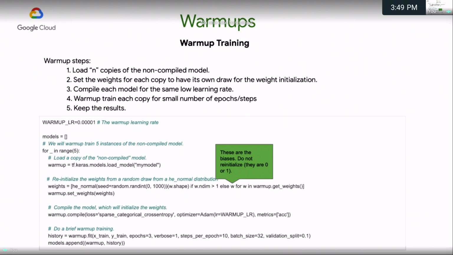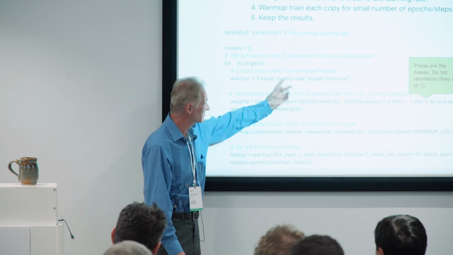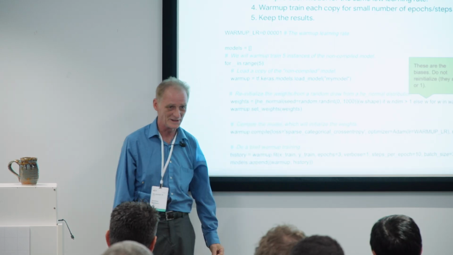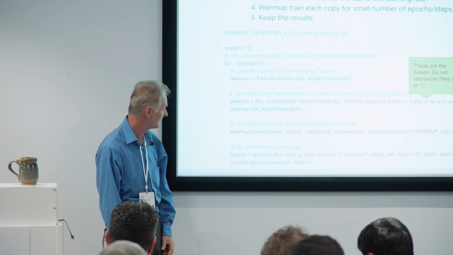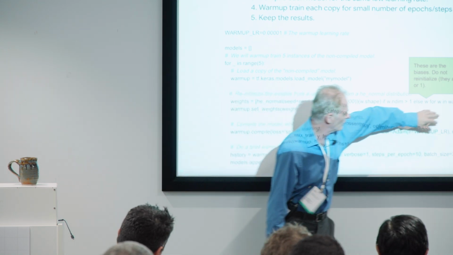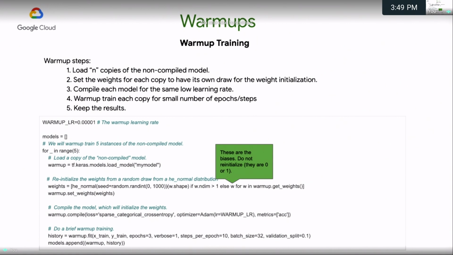This is one of my little favorite tricks. I've got a really low learning rate, and I'm going to get 5 copies, and I'm just going to keep reloading a copy. Here's the thing: I want to give each one of these a unique set of weights. I can call model.get_weights to get its original weight sets, and I could also feed it right back and reset all those weights.